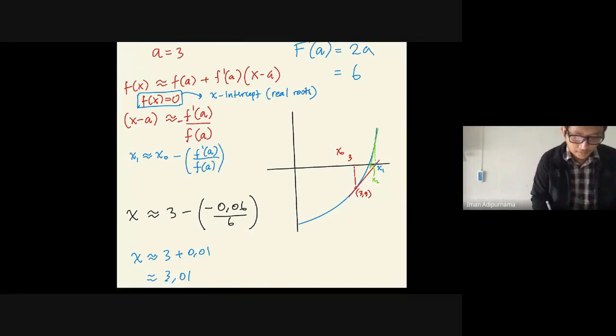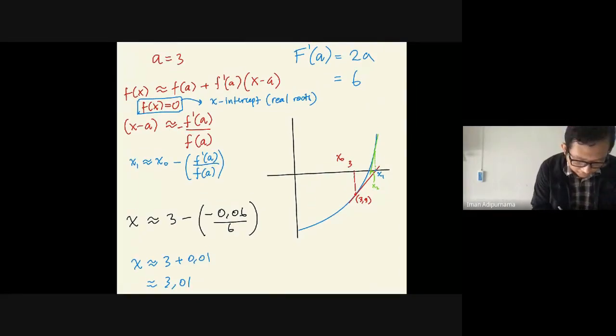Then the same thing you can do for x2, and this is x1 minus, let me use the same variable.